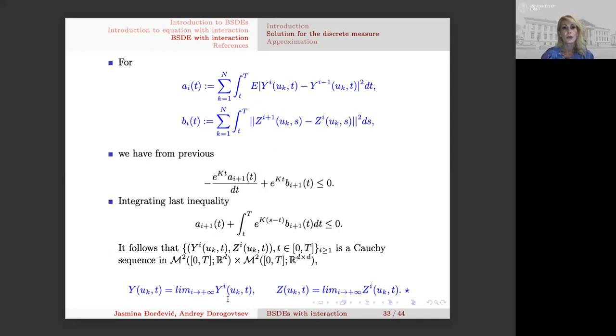So denote A_i and B_i as the sums with respect to the difference of state processes and control processes. Our last inequality reduces to this differential form, which is given in integral form here. And again, as before, we have that these are Cauchy sequences in M2 times M2. So the existence is proved.